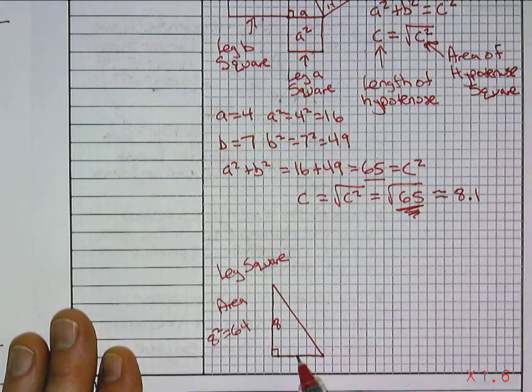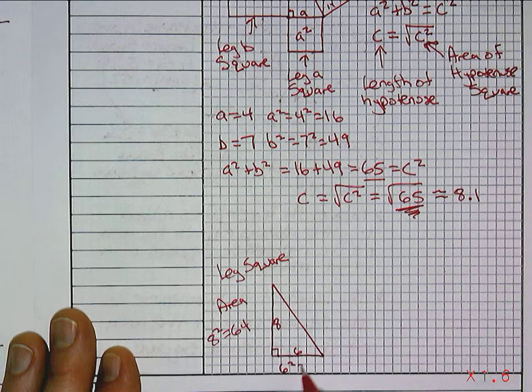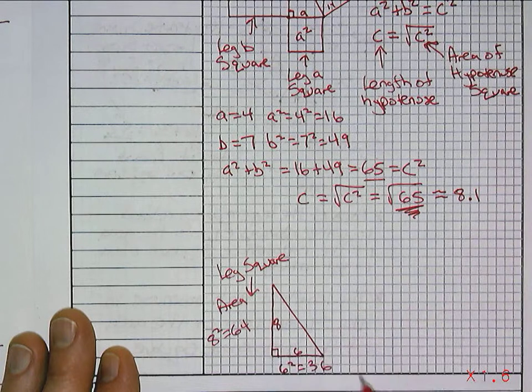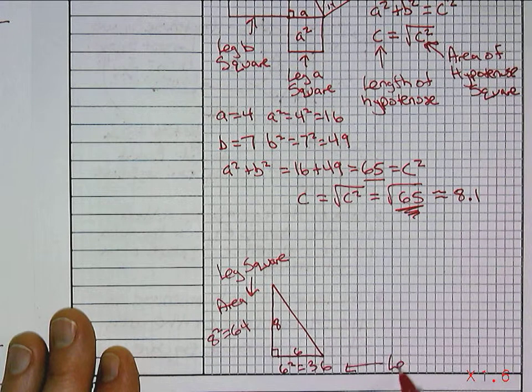And if I were to draw the square on this side, 1, 2, 3, 4, 5, 6 units long, this is my other leg square, so 6 squared. And so now I have a leg square here, and a leg square here.